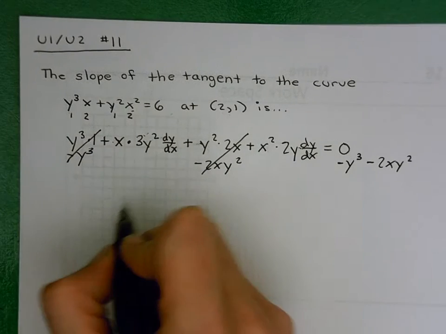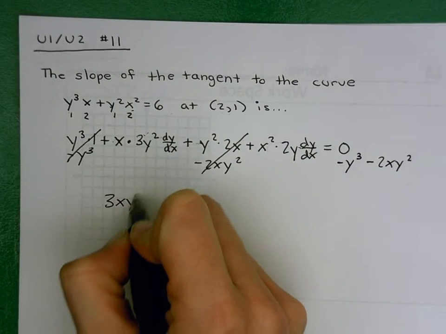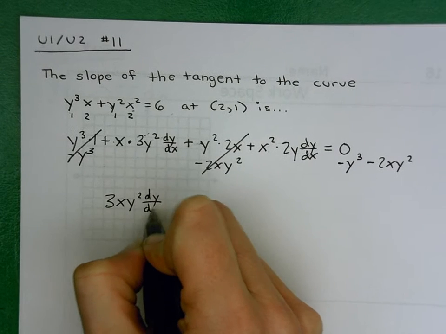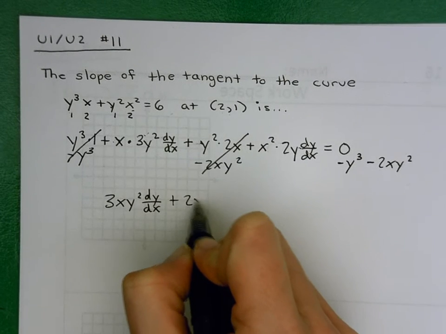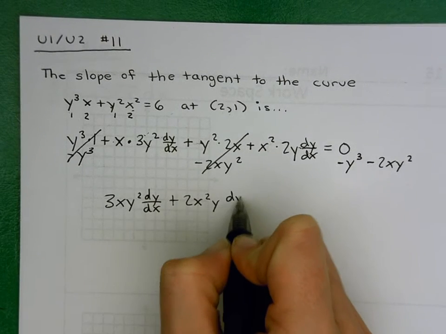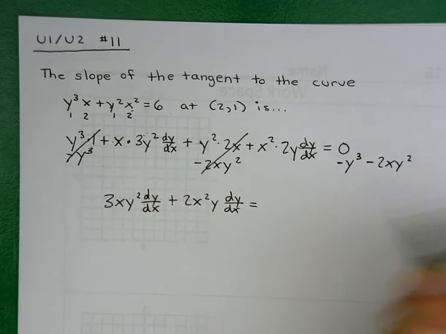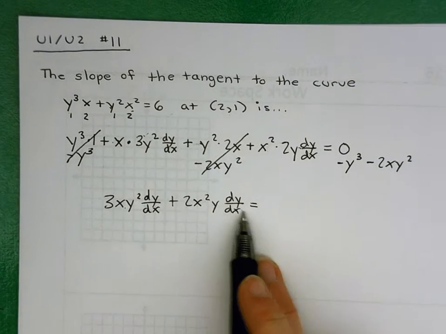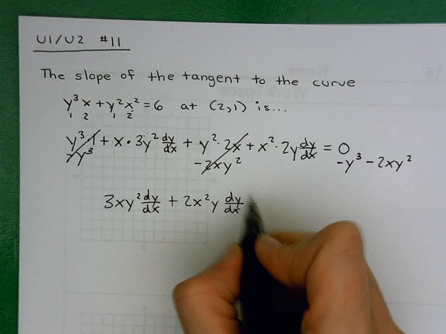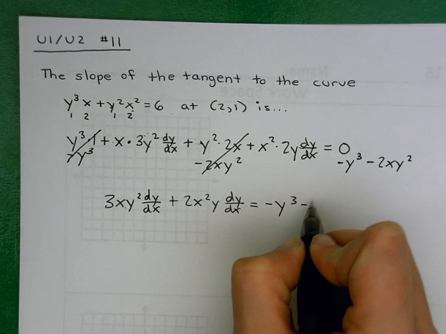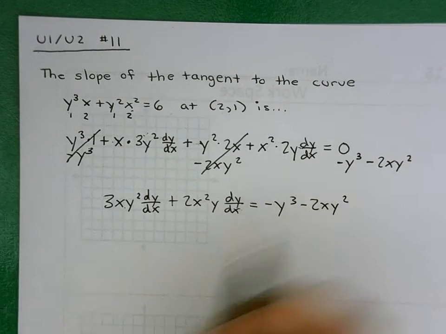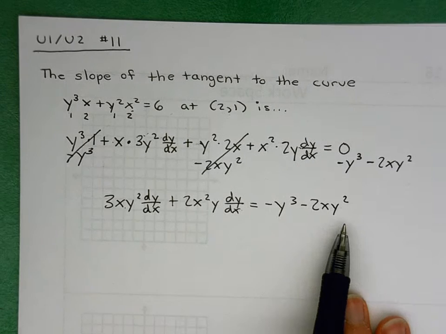Okay, and so we're left with, on this side, 3xy squared dy dx plus 2x squared y dy dx. Okay. These two terms that have the dy dx's. And then that equals my negative y cubed minus 2xy squared. Okay, so that's the second step.